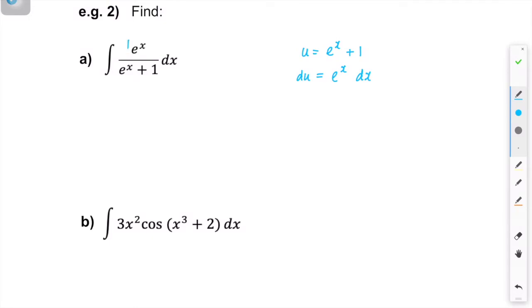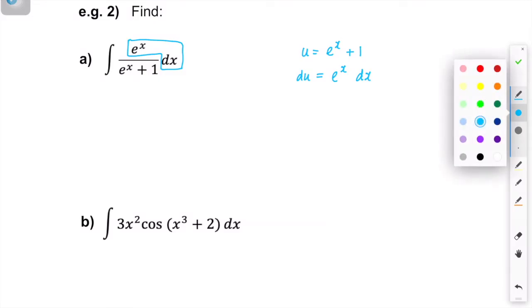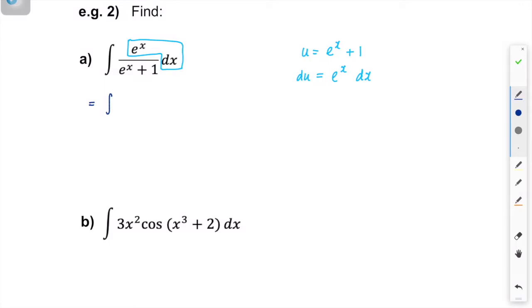Perfect, because I see it right here. Now I can write this integral as 1 over u du. I know this is ln of u plus c. Skipping that step, ln of (e to the x plus 1) is my final answer.